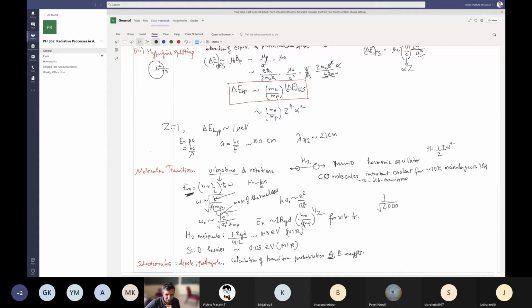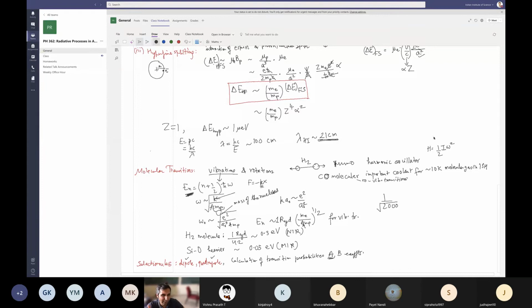But you have to have some idea that there are certain selection rules. Certain transitions have very high probability of occurring, for example n equals 2 to 1, the Lyman alpha transition. And certain transitions, like the 21 centimeter transition, are forbidden transitions, so they have low probability.